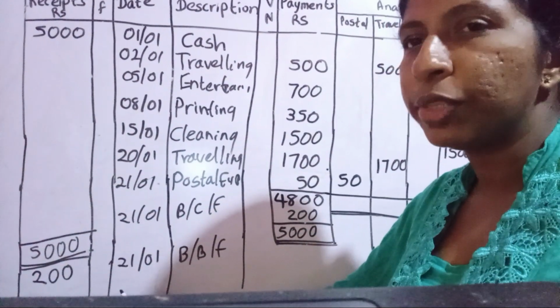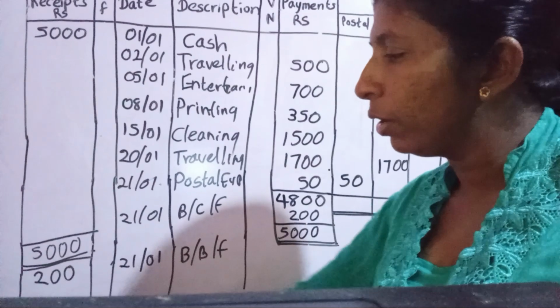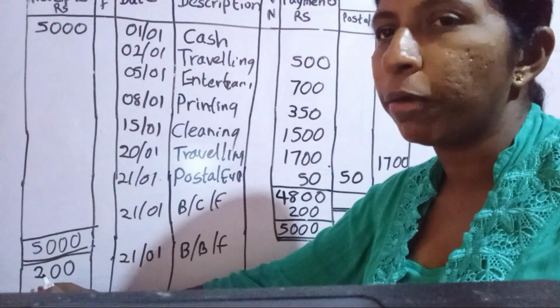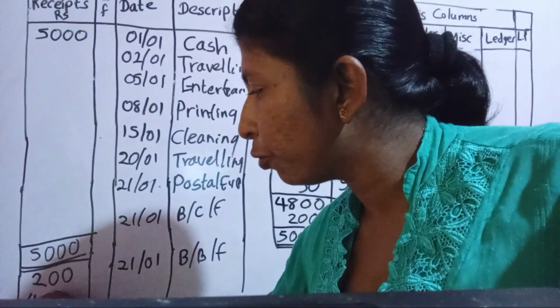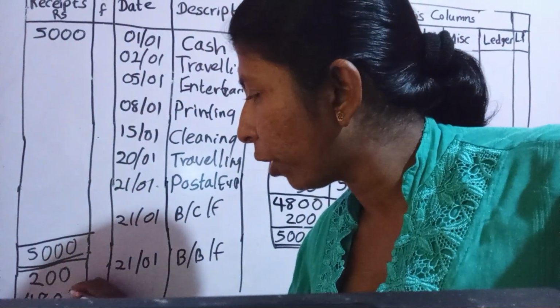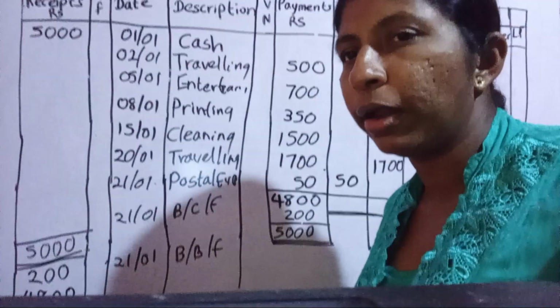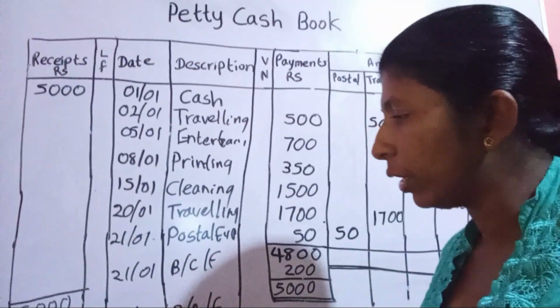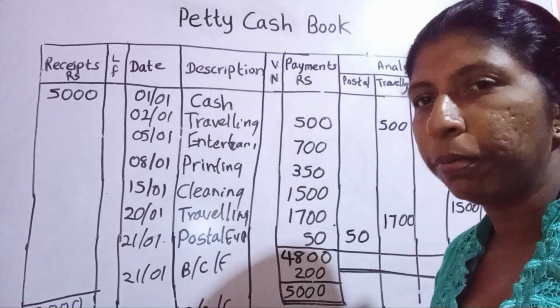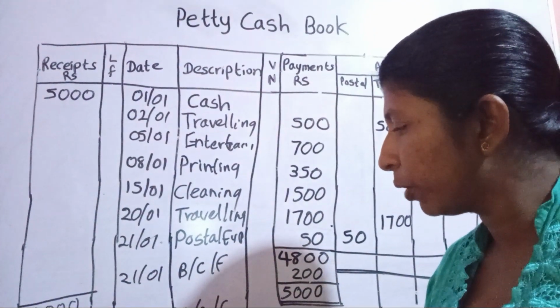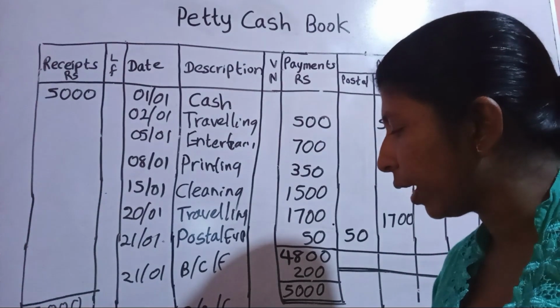If we receive this 4,800, again in the receipts column we have to record 4,800. After this 200 balance, you have to write 4,800, and in the description column, cash, because the credit account is cash.